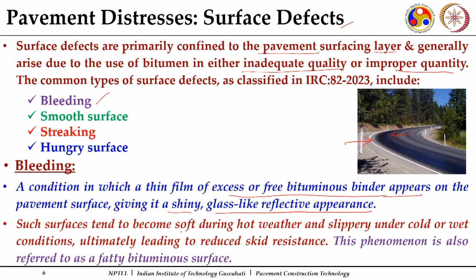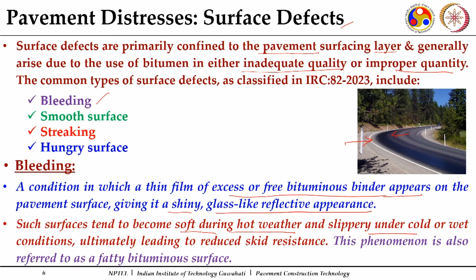Now, what happens when this excess binder is there? These surfaces try to become soft, specifically under hot weather conditions, and slippery when they are cold and under wet weather conditions. So, in hot weather this sticks to your vehicle tires, and in cold weather and during rainfall events, it makes your surface slippery.